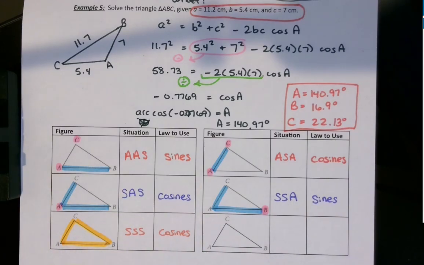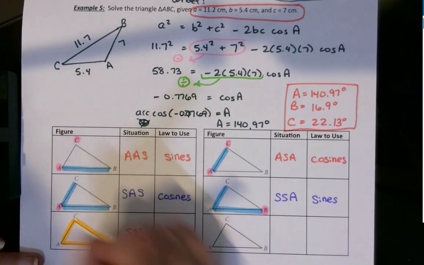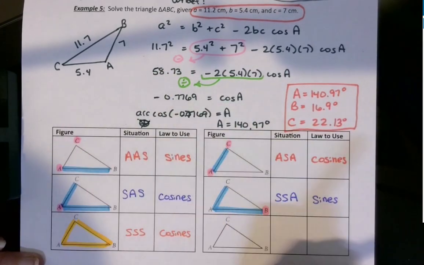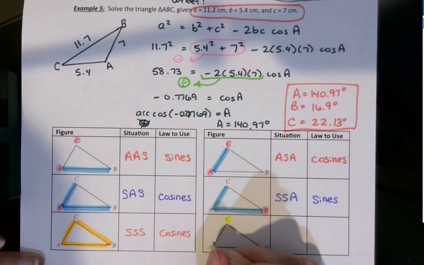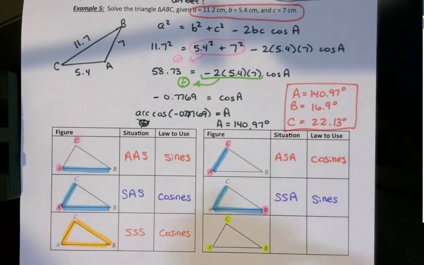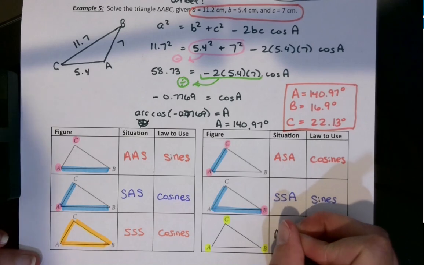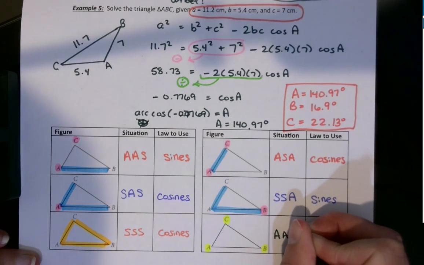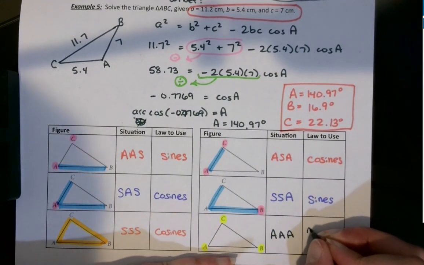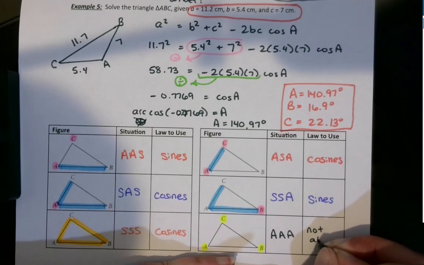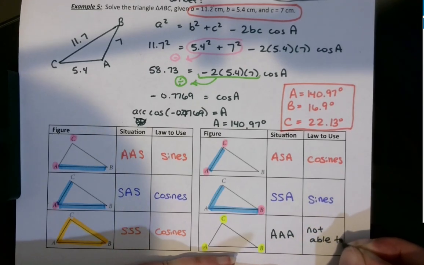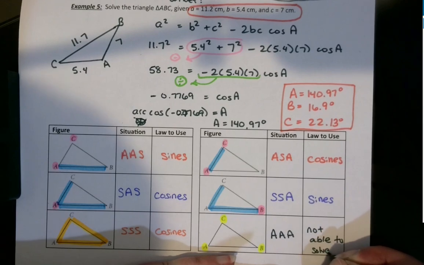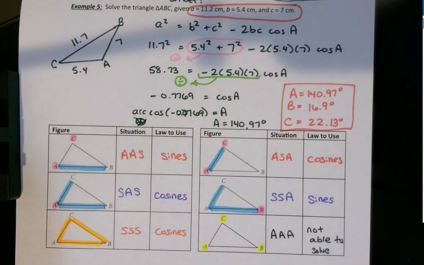I think our last case, the sixth, or the third on this side, would be if we knew all of the angles, and that's going to be not solvable. If we just know all of the angles, we're not able to solve it, because you have no idea on the sides.